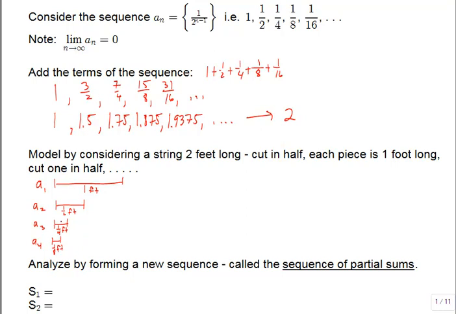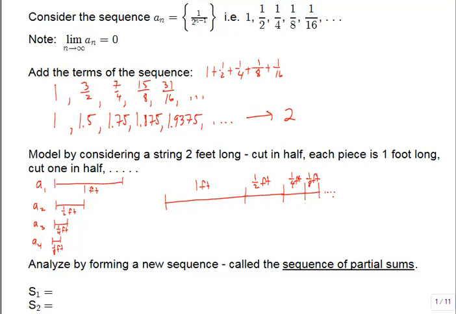Now if we take all these pieces of string and start stacking them up and adding them together, we're going to start with our full 1 foot piece of string, and then add in our half of a foot, and then add on to that our 1/4 of a foot, and then to that add on our 1/8 of a foot, and so on.